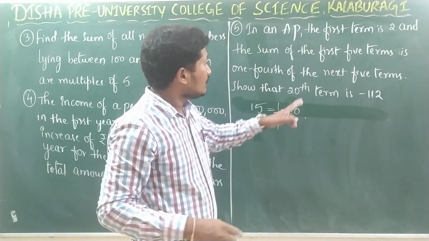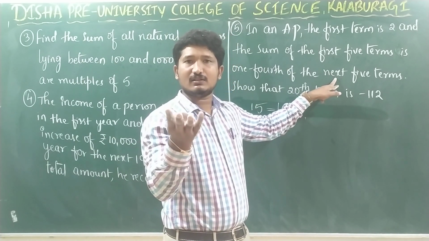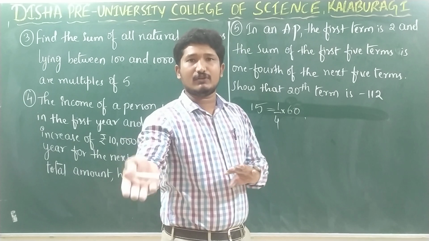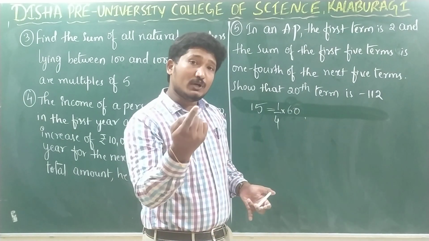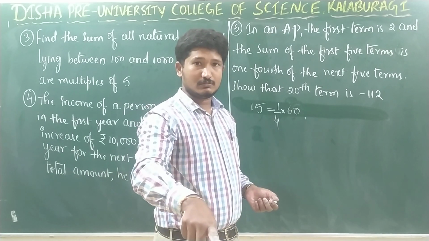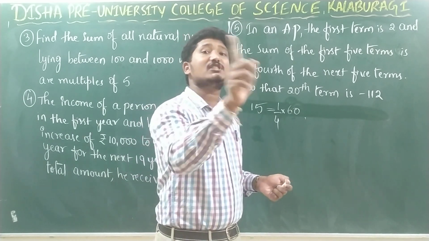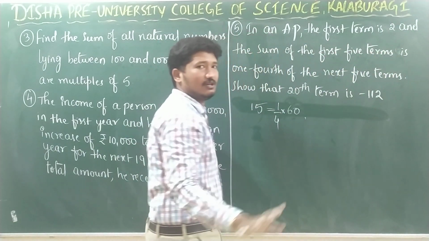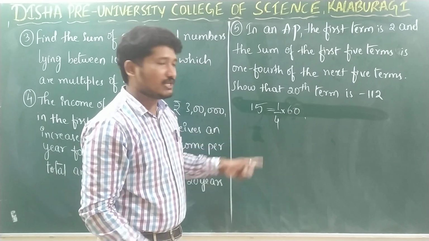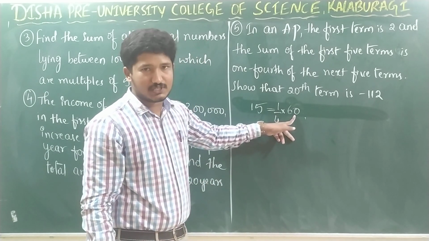When you add the 6th term, 7th term, 8th term, 9th term, 10th term, that is the next 5 terms, you will get a sum. When you divide it by 4, your answer must be equal to the sum of the first 5 terms. This is the condition. See here. The sum of the next 5 terms I have considered as 60.